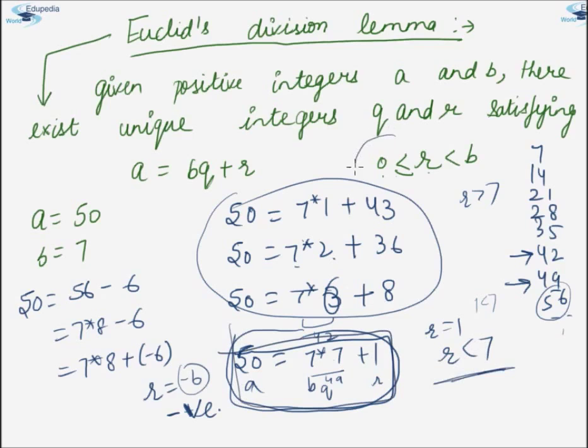So these limitations are followed only in this equation. So for the given numbers a and b, there exist unique integers q and r satisfying a is equal to bq plus r and these limitations on r.